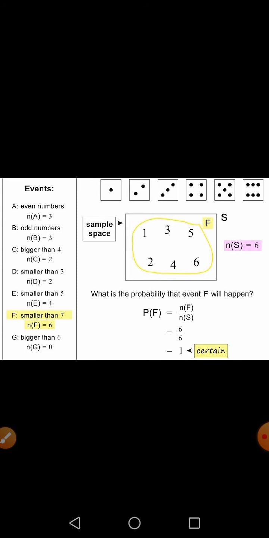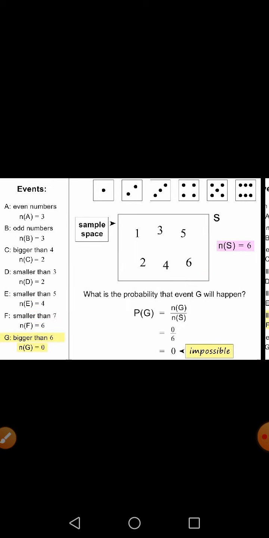So the number of the event is 6 over 6, so it will equal 1. And it's called certain. Certain, meaning of course it will happen, okay? Of course, this event is smaller than 7, so it's certain. Any outcome will be smaller than 7.